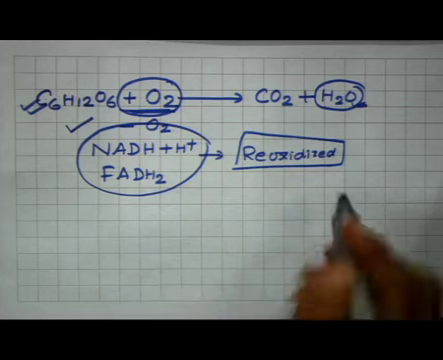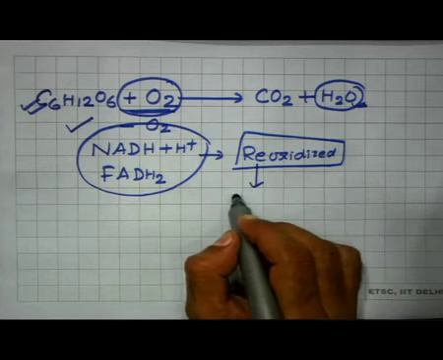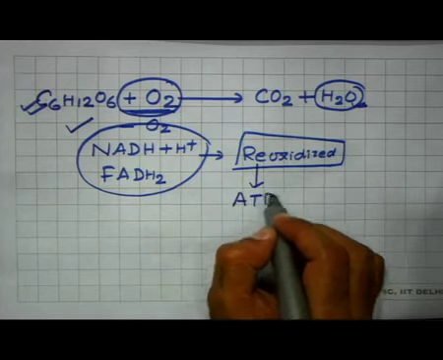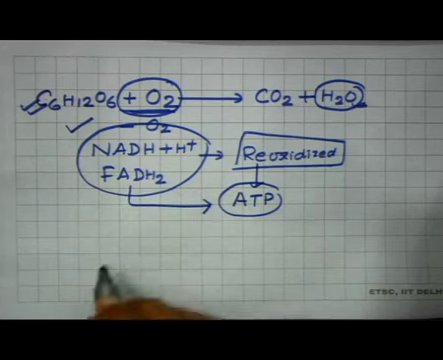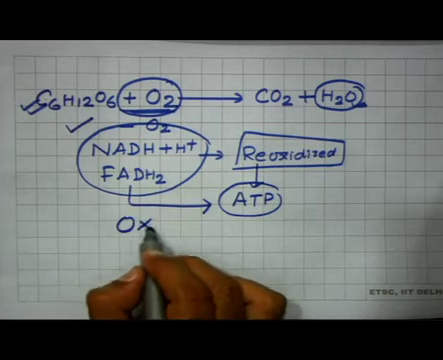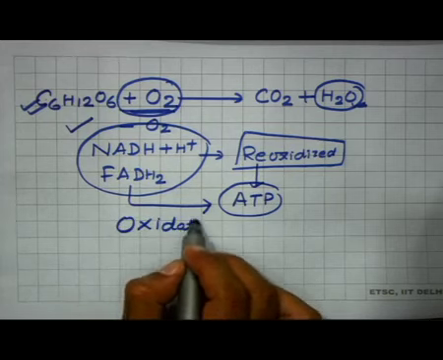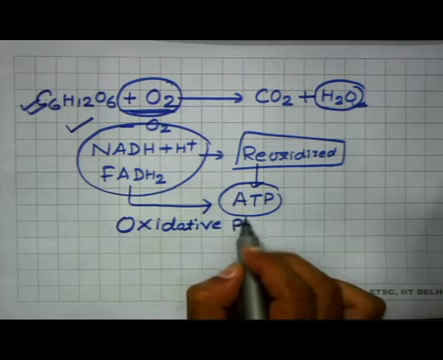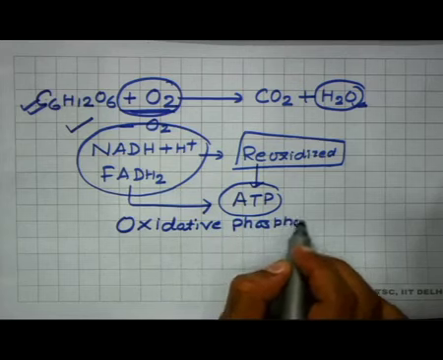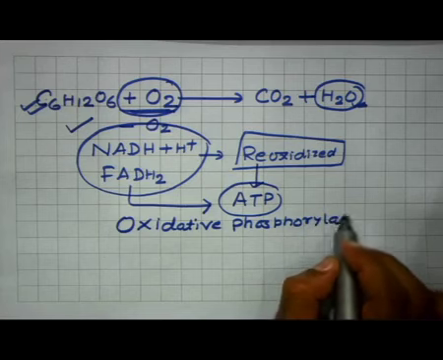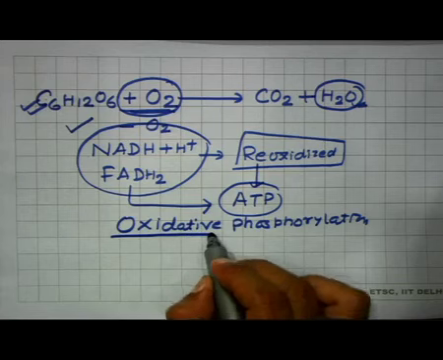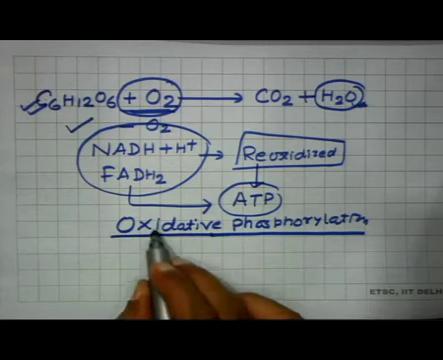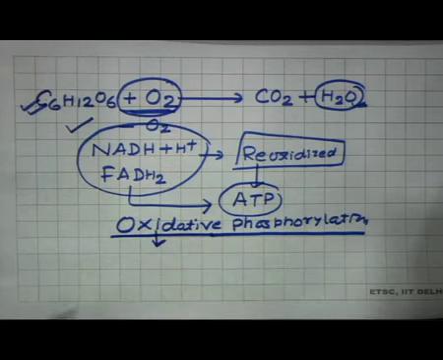After the reoxidation, ATP is formed. Here the reduced coenzyme is converted into ATP. This type of phosphorylation is called oxidative phosphorylation. So, this oxidative phosphorylation is the next step of aerobic respiration. It is also called terminal oxidation.